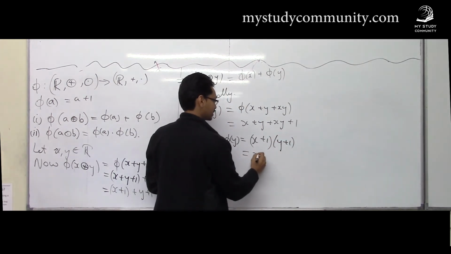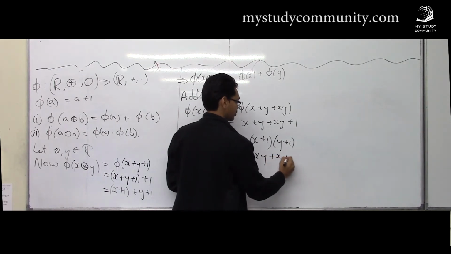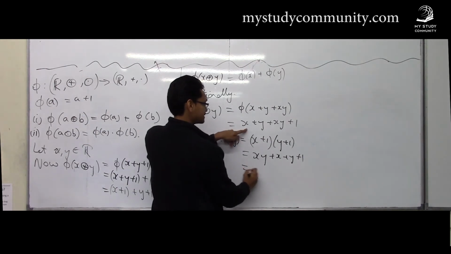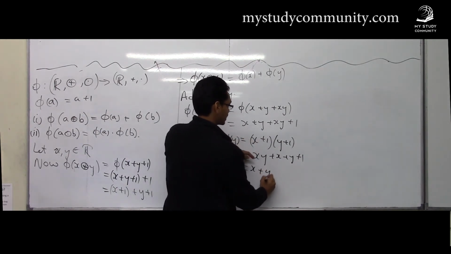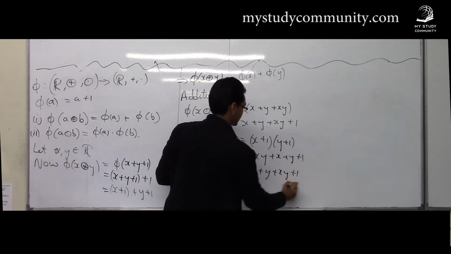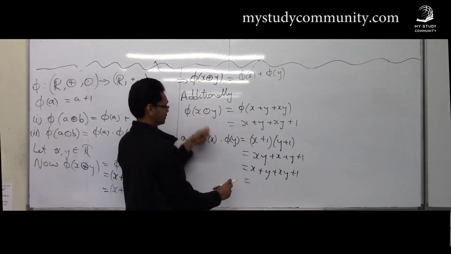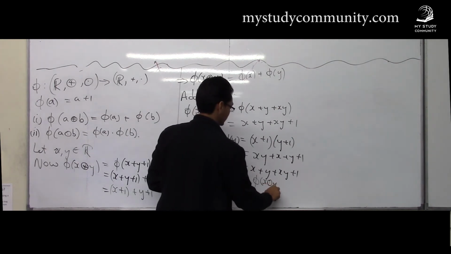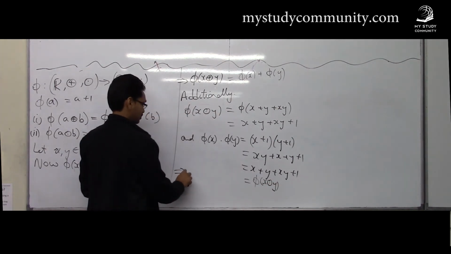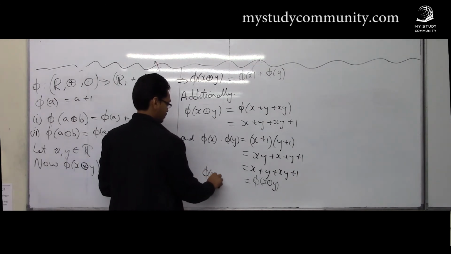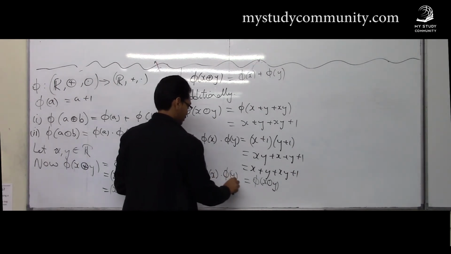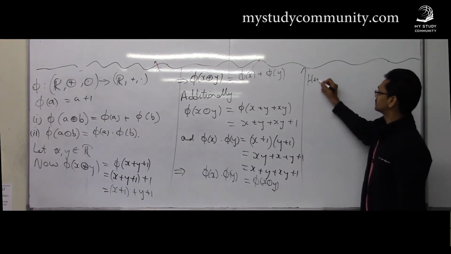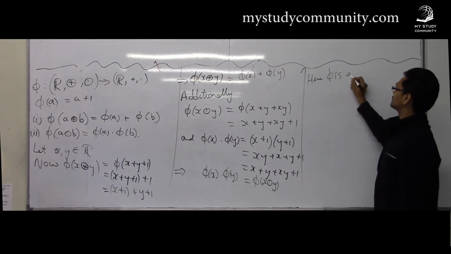We expand, we get xy plus x plus y plus 1, which we just make look the same, which is x plus y plus xy plus 1, which is phi of x circle multiply y. And we conclude, hence, phi is a homomorphism.